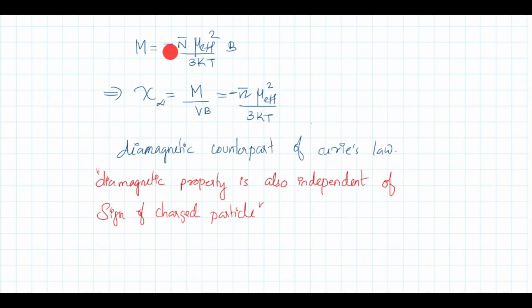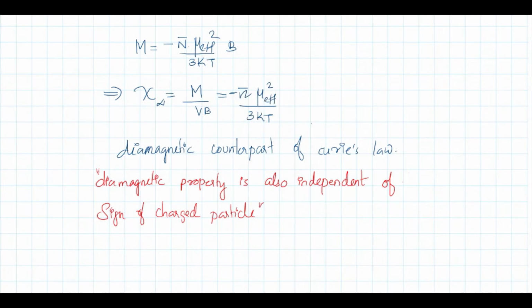So m is equal to minus n bar mu effective square by 3 kT into B. Chi infinity, the low field susceptibility, is m divided by VB, and that is equal to minus n bar mu effective square divided by 3 kT.